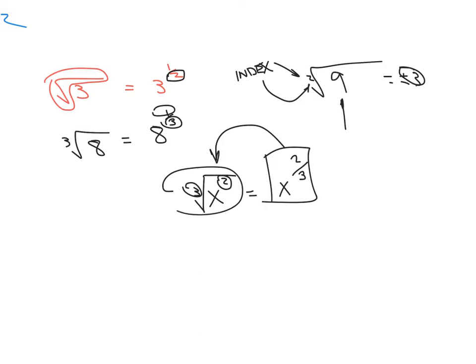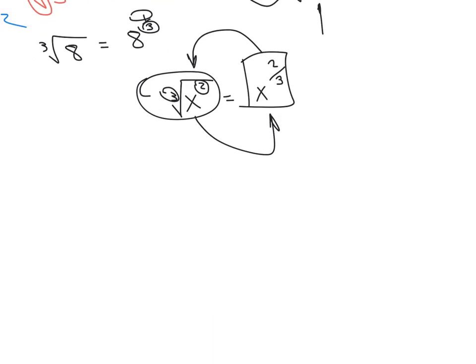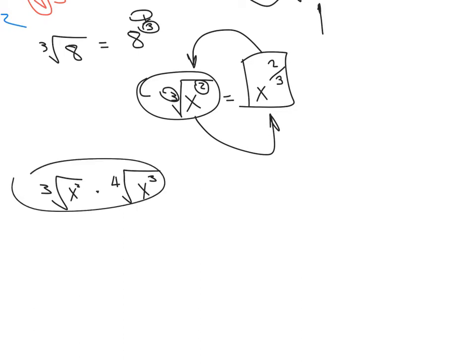Because you can write any radical as an exponent, which makes it much easier to do when you're, well, let me give you an example. If I wanted to take the cubed root of x squared and multiply it by the 4th root of x cubed, how would I multiply that?